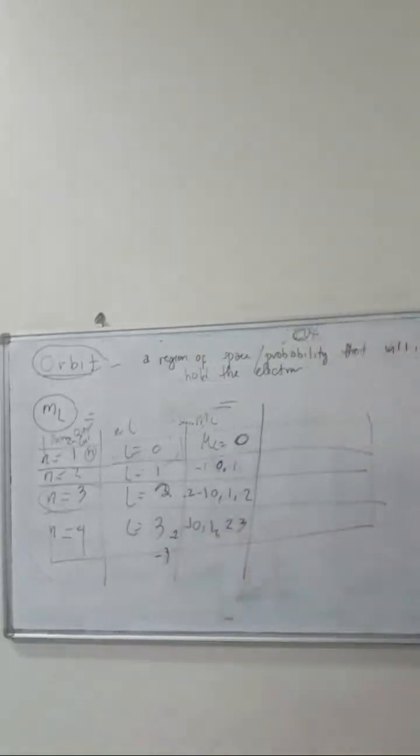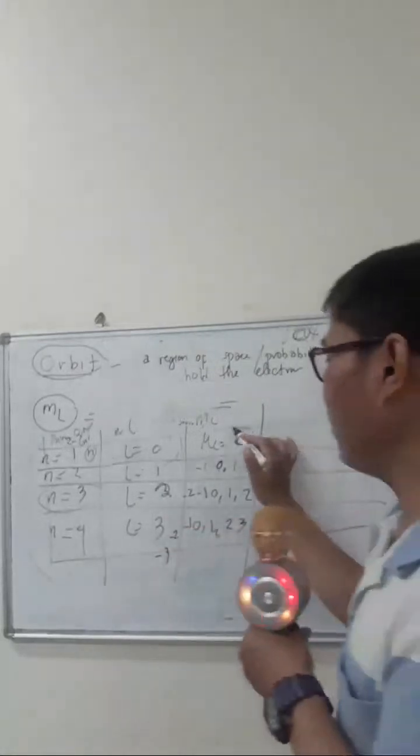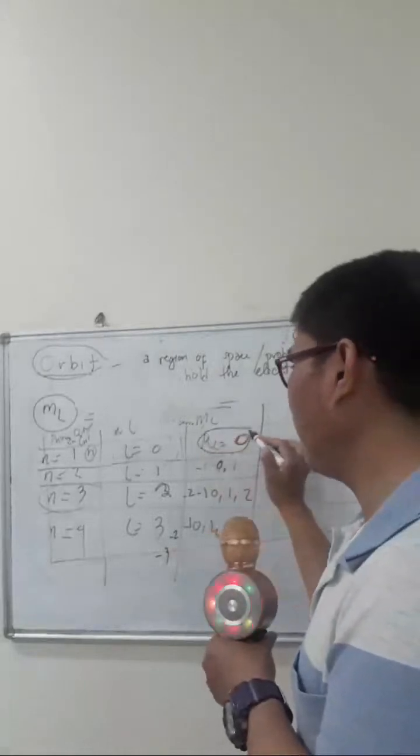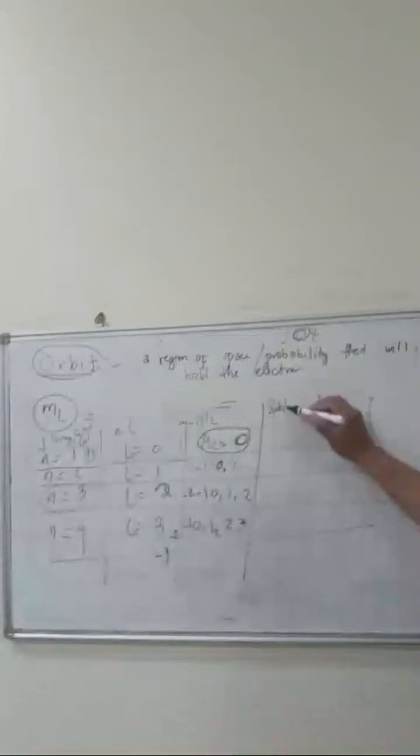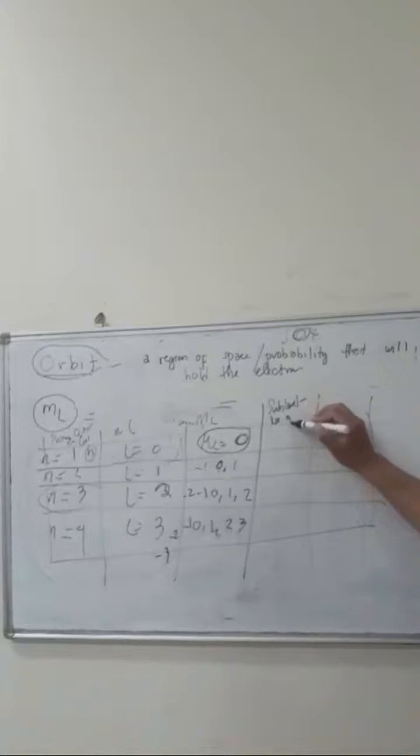Now, this is your ML. You get the point? So, if we try to determine the number of orbitals in a sublevel, then we have another sublevel, another column. Number of orbitals.